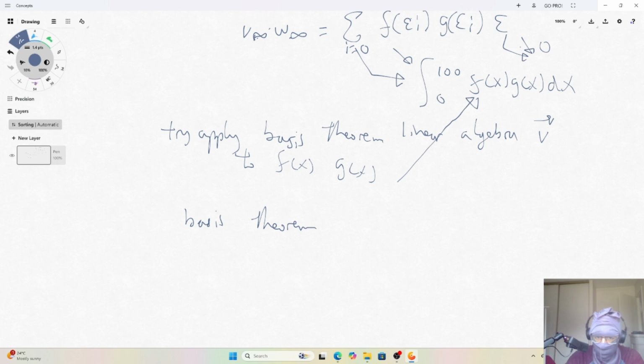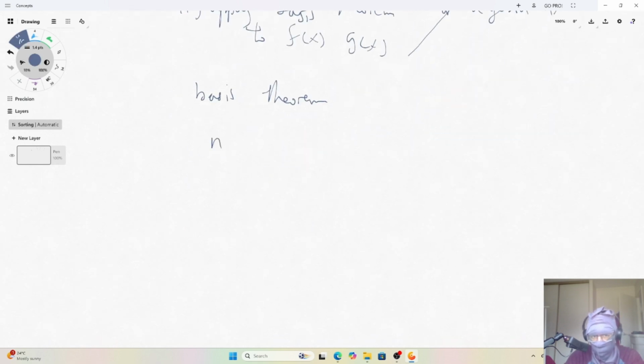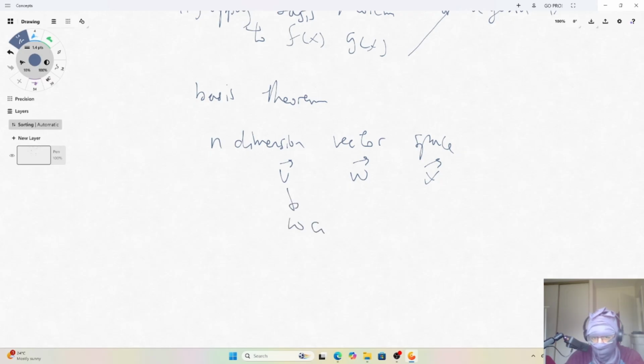It says that suppose that you have an n-dimensional vector space. So it's defined by vectors that have n components.